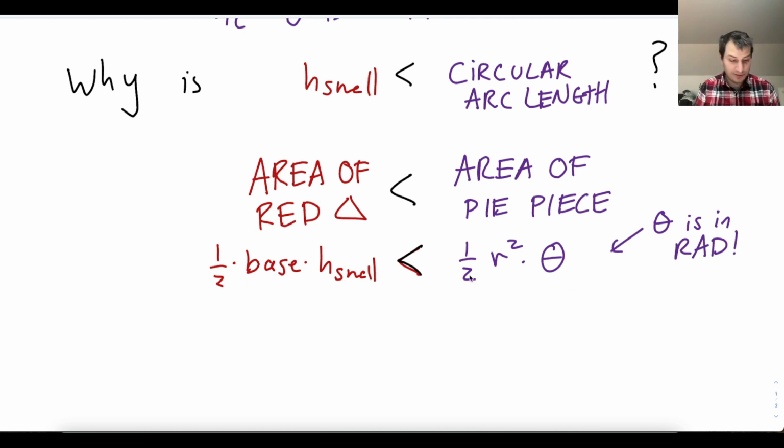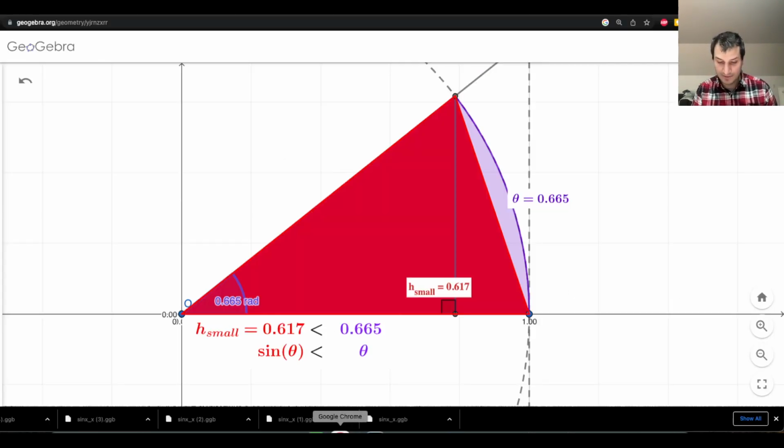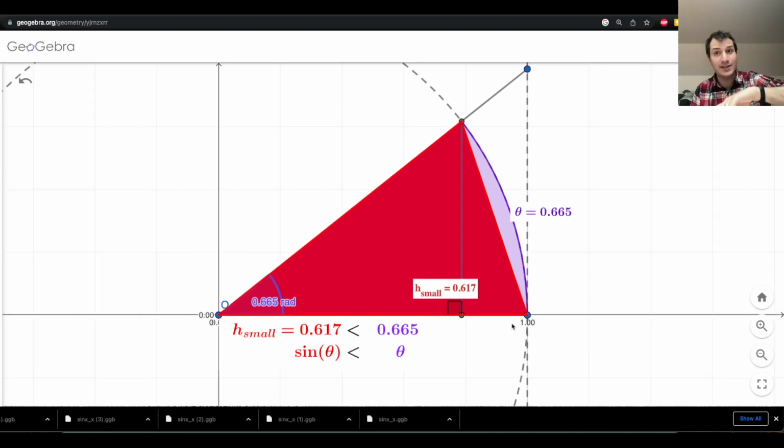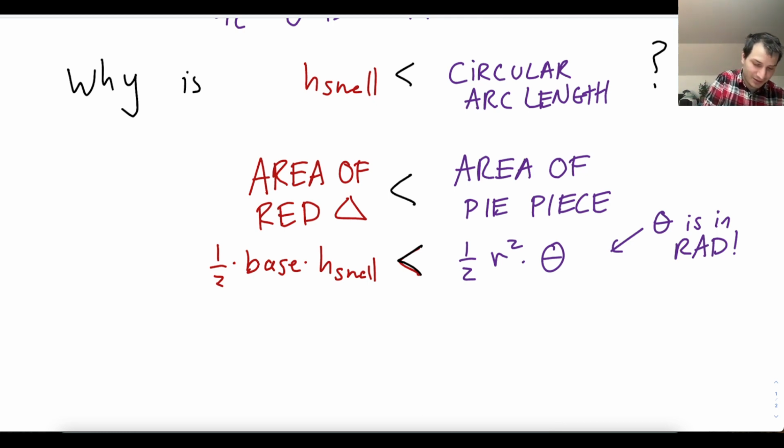In our case, though, what is the base of the triangle? What is the radius? We know both of these things. The base of the triangle is the radius of the circle. It's 1. And the radius of the circle is 1. And so what is it saying?